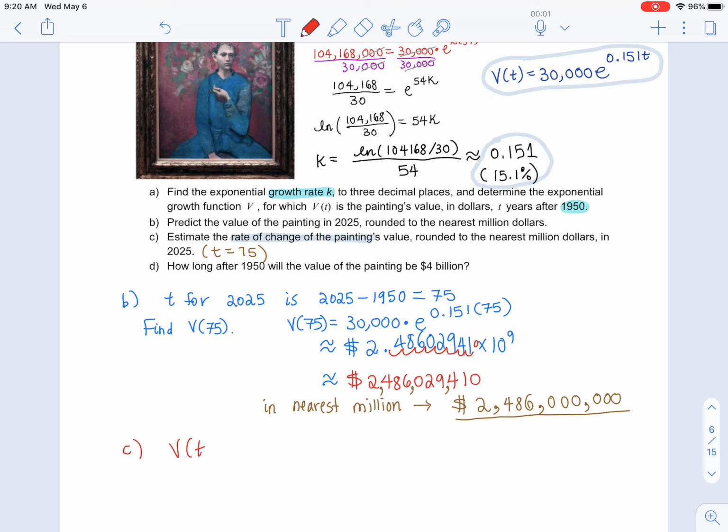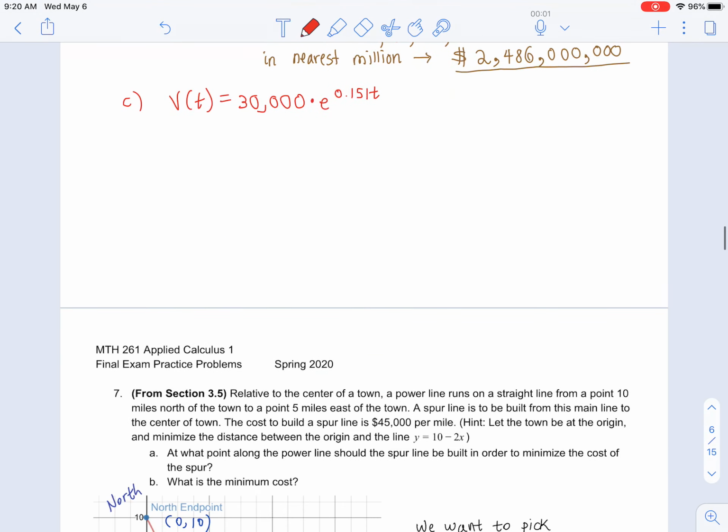So C, given that V of t equals 30,000 times e to the 0.151t, I'm going to find V prime of t.